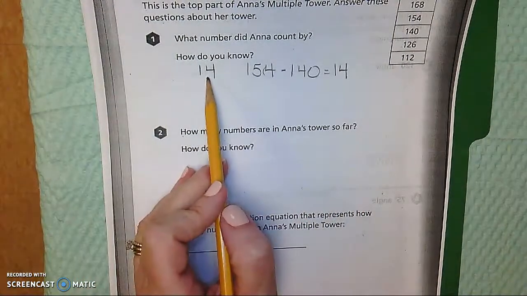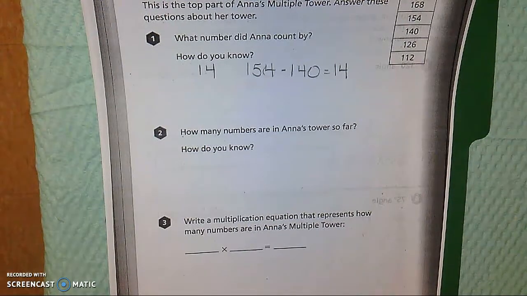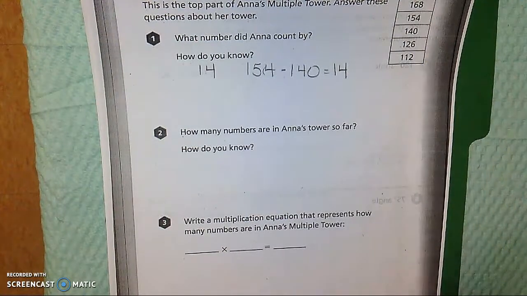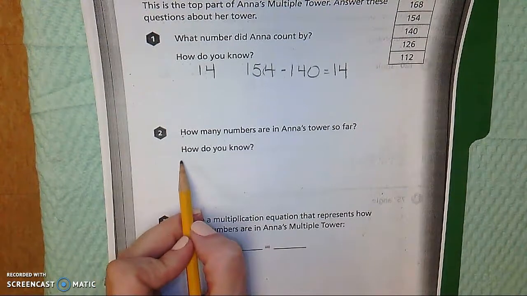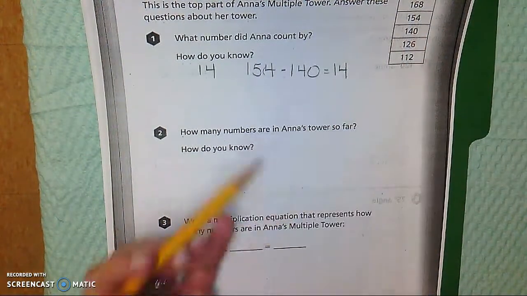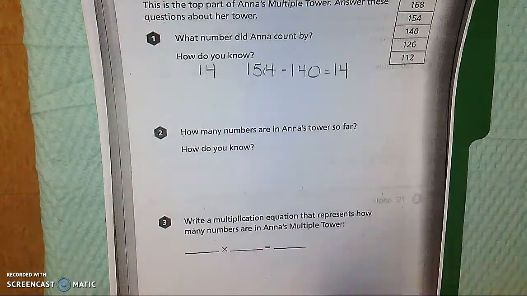So we know that they're skip counting by 14, and we want to figure out how they got all the way up to 168. How many times did they have to skip count by 14 to get there? You can skip count by 14s until you get up to 168 and then count how many times it took you. That would definitely be one way, or we can do it another way to be a little bit quicker.